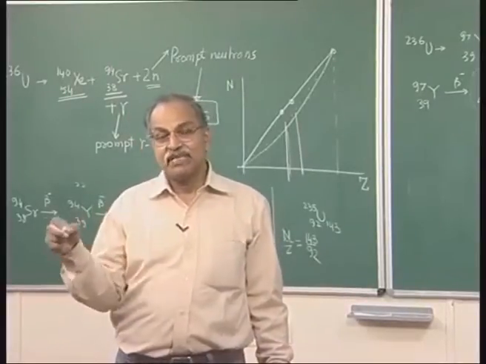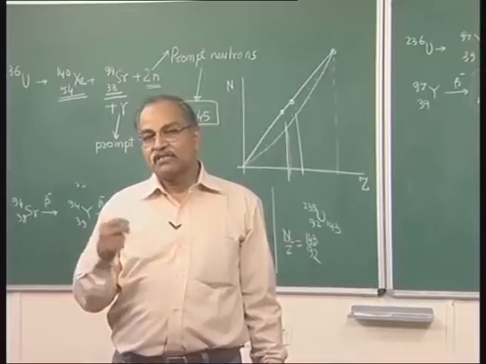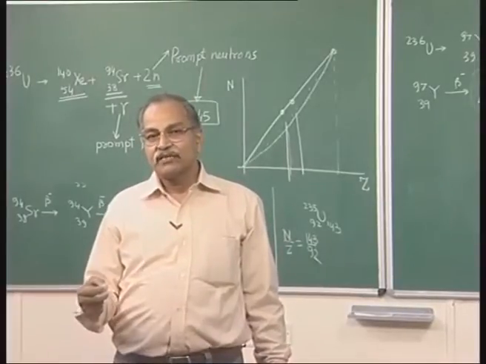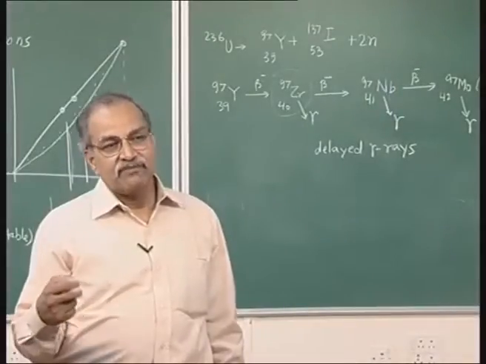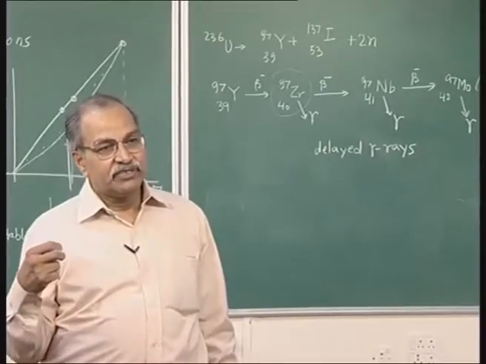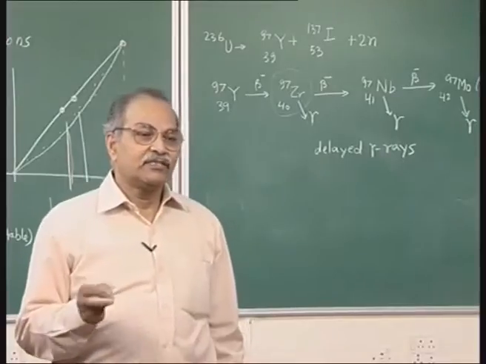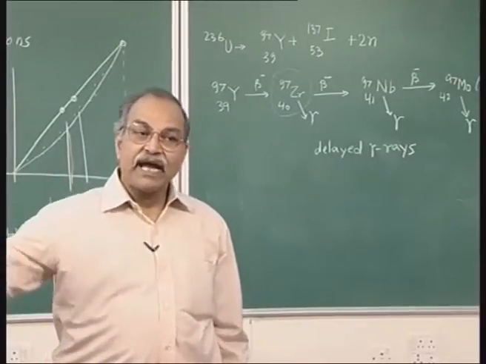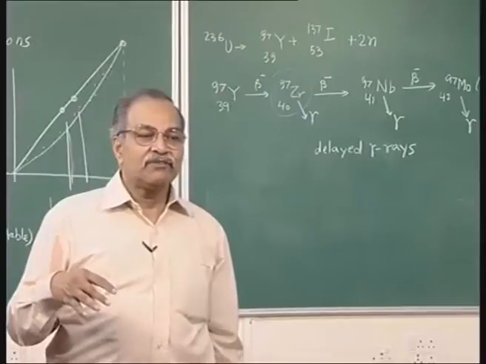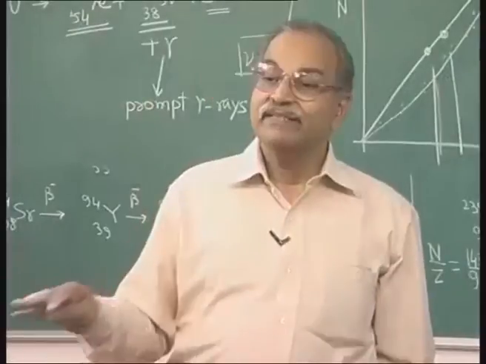These fragments beta decay to convert their neutron into proton, and the daughter nuclei created through these beta decays emit gamma rays, known as delayed gamma rays. So, you have prompt neutrons and delayed neutrons, and similarly prompt gamma rays and delayed gamma rays.